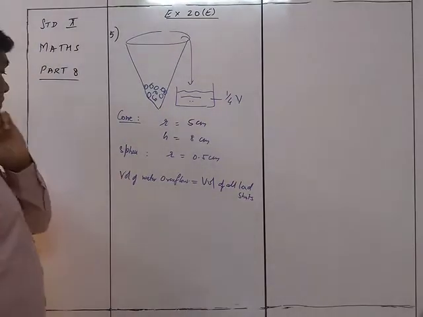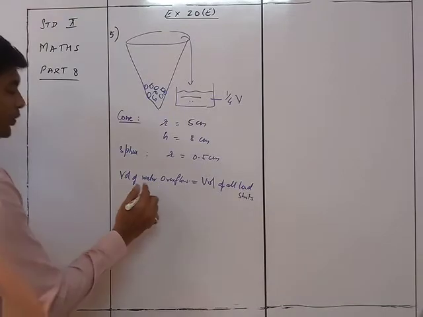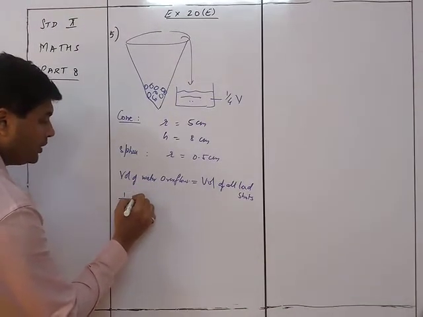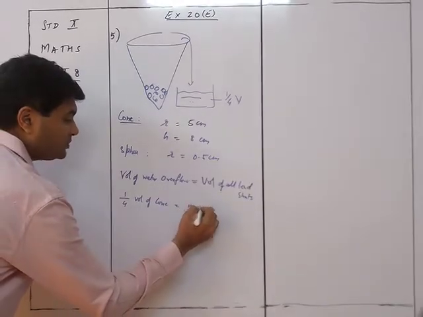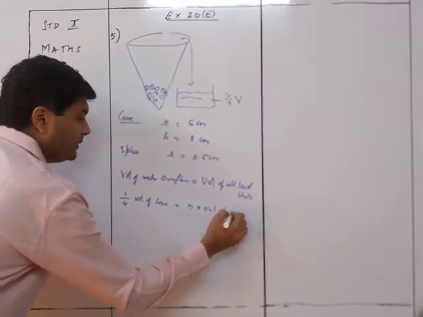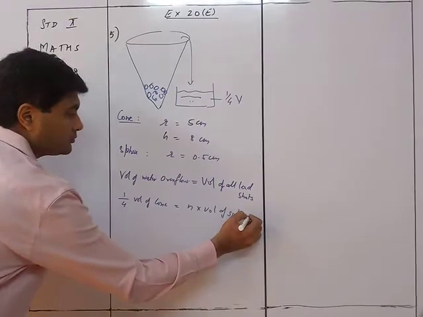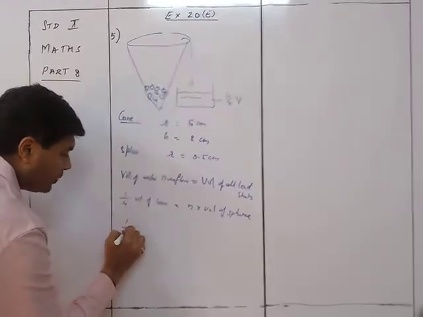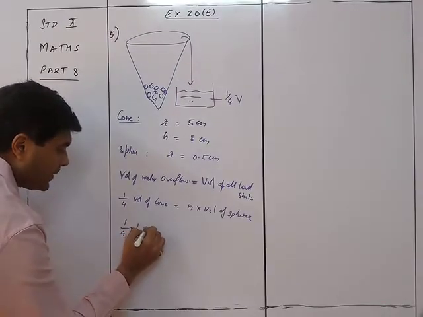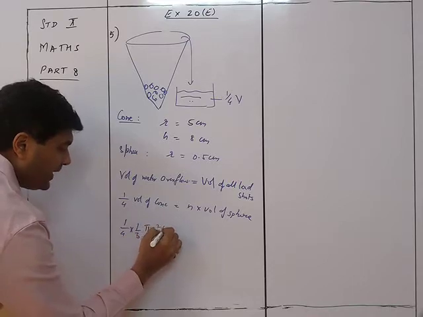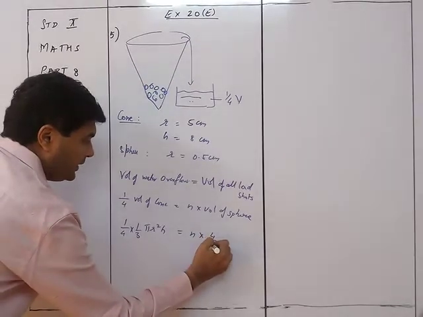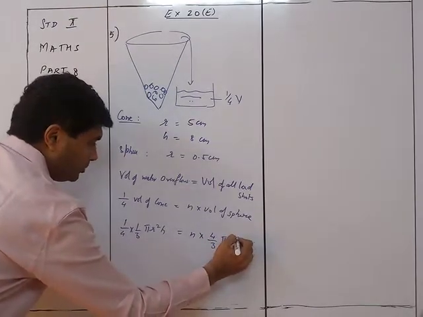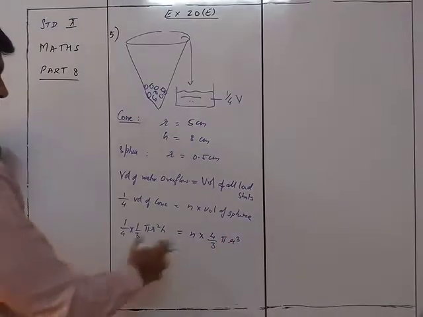The volume of the overflow is 1/4 the volume of the cone, which is equal to n times the volume of a sphere. So it is 1/4 into 1/3 pi r square h is equal to n into 4/3 pi r cube, where r is different in both cases.